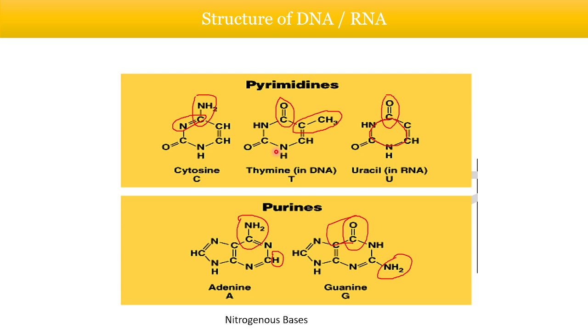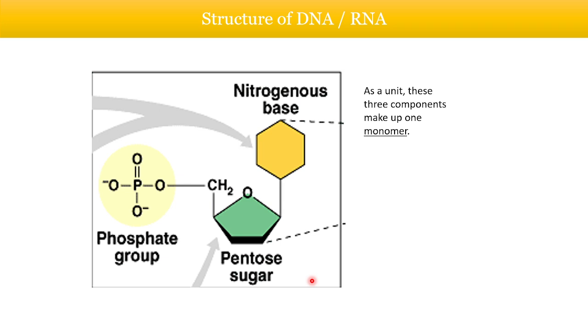Okay, so you have purines and pyrimidines. In pyrimidines, you have cytosine, thymine, and uracil. In purines, you have adenine and guanine. Okay, so this is the structure of the DNA and the RNA.